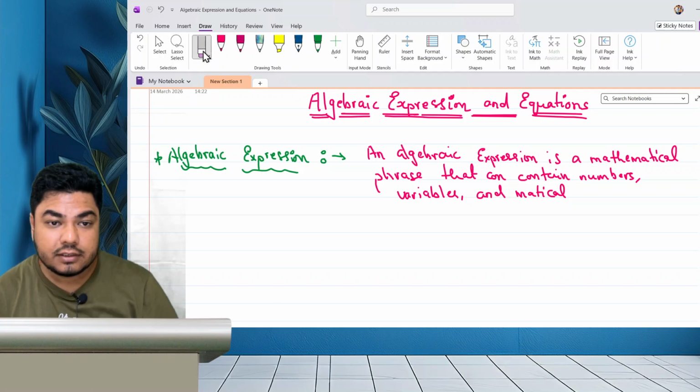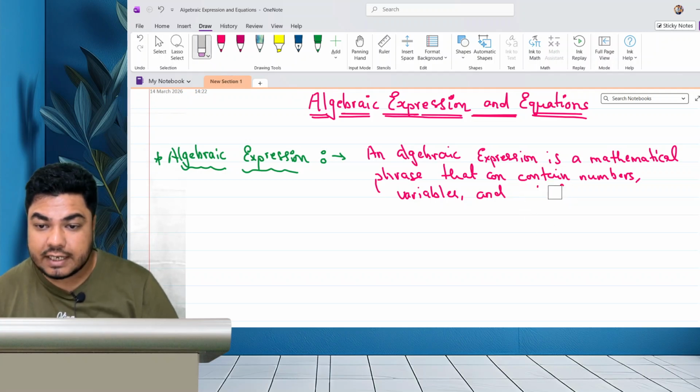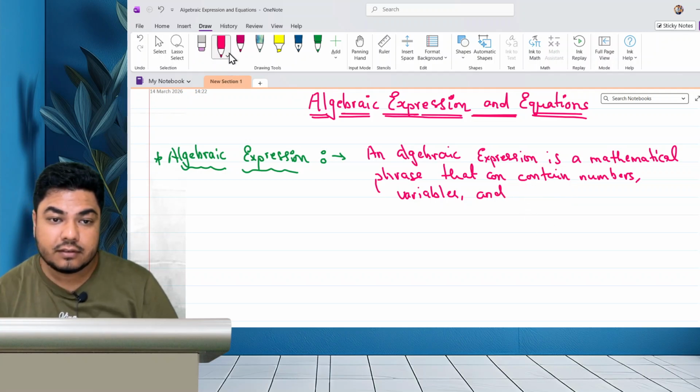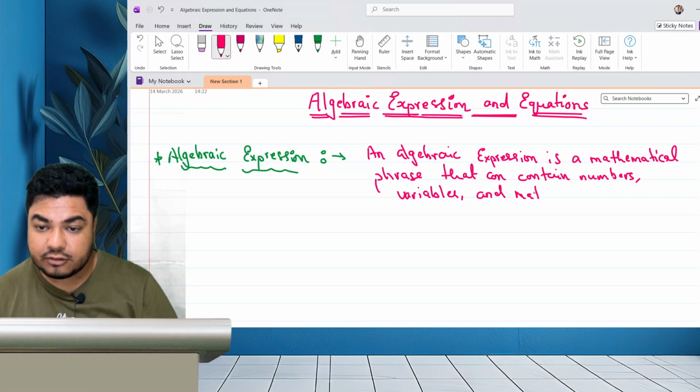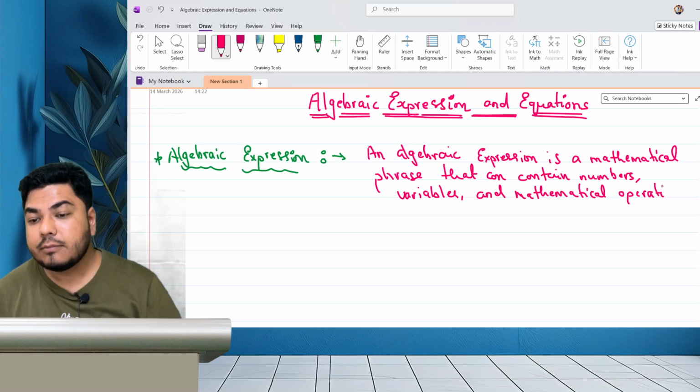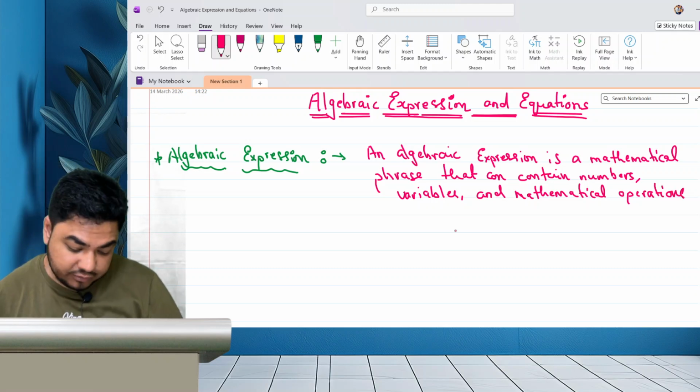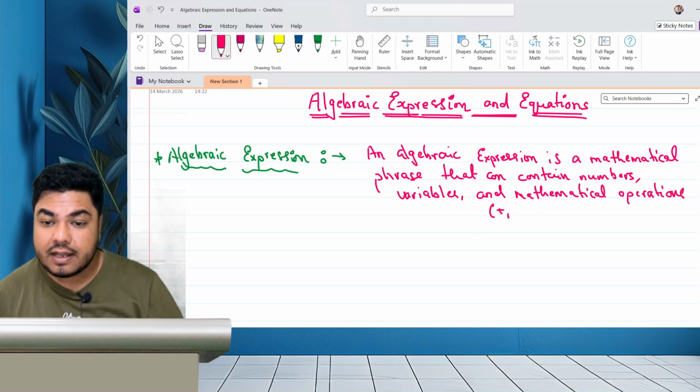Mathematical operations such as addition, subtraction, division, and multiplication.